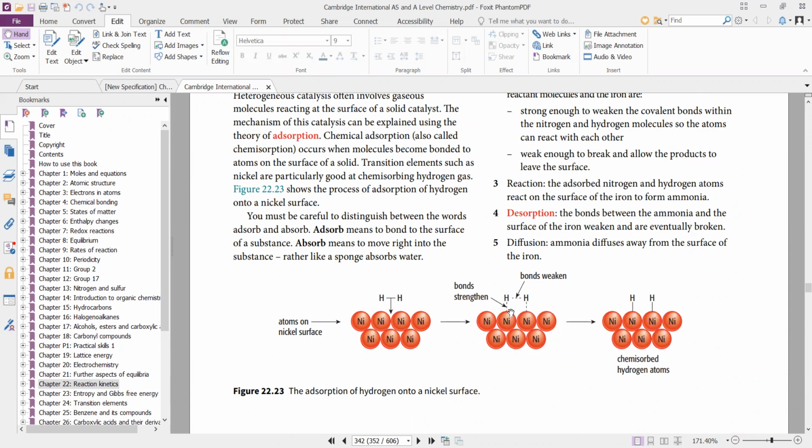Just diffusion, adsorption, then react. The alkene part is partly there.